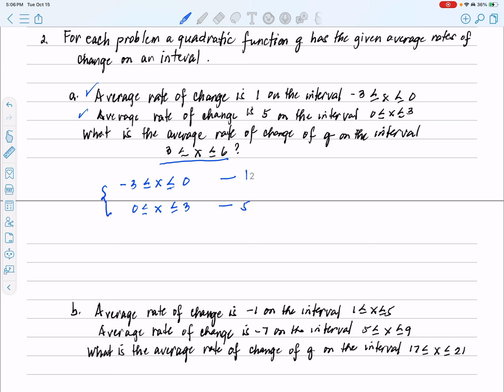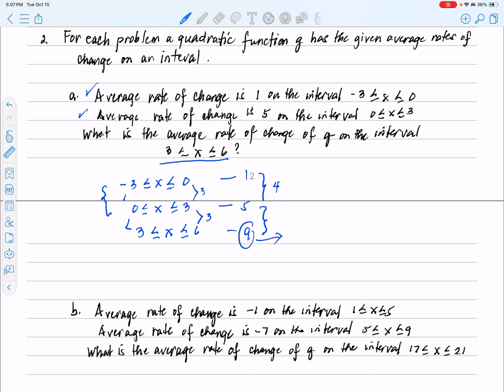Okay? So the question here, what is the interval from 3 to 6? Look at this. It increased by 3. This is also increased by 3. That means if the interval from 1 to 5 is 4, then 5 plus 4, the rate of change should be 9.